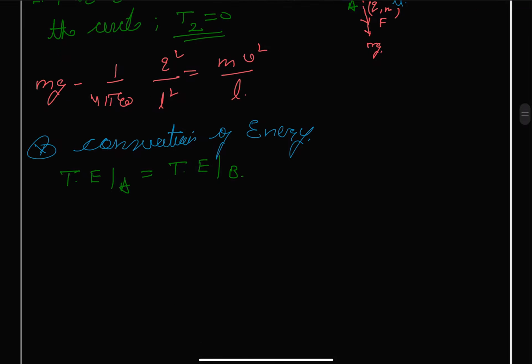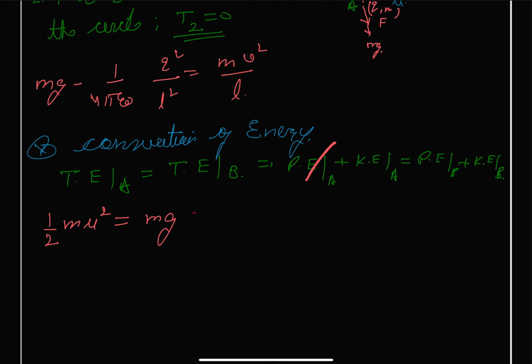Therefore we can write potential energy at A plus kinetic energy at A will be equal to potential energy at B plus kinetic energy at B. And potential energy at A is equal to 0. So kinetic energy, half m u square, will be equal to potential energy at B, which is mg times the total height 2L with respect to point A, plus kinetic energy, half m v square.